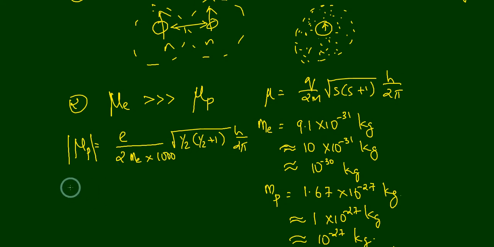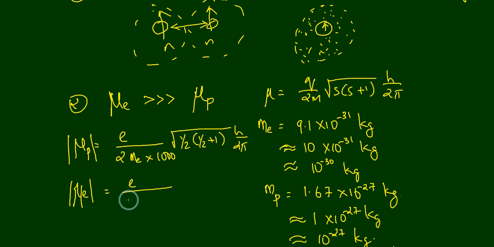And what about the magnetic dipole moment of the electron? The magnetic dipole moment of the electron, mu e, is equal to the charge of the electron. That is also e, the absolute value of the charge is e, right?